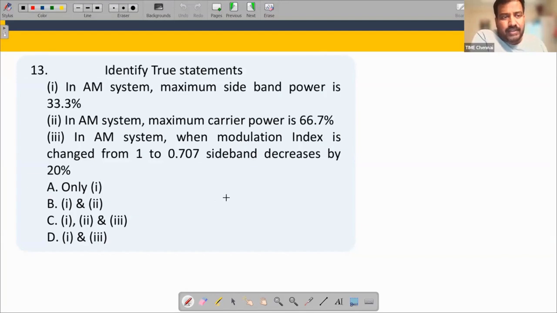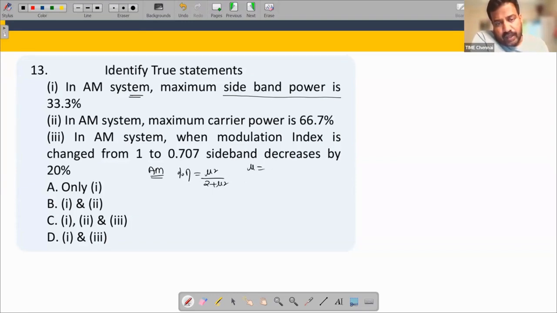We'll see. Identify the true statements. In AM system, maximum sideband power is 33.33%. For example, if you take an AM system, sideband power percentage eta is mu square by 2 plus mu square.